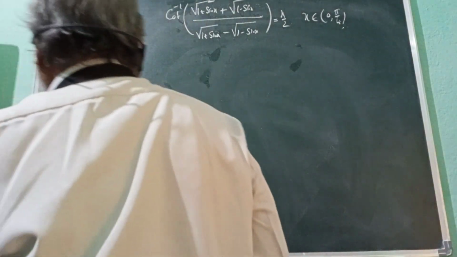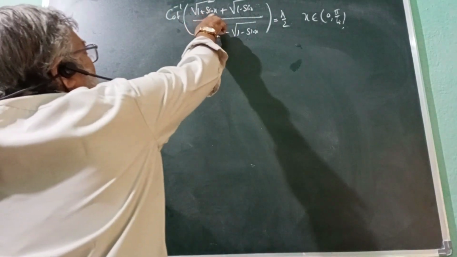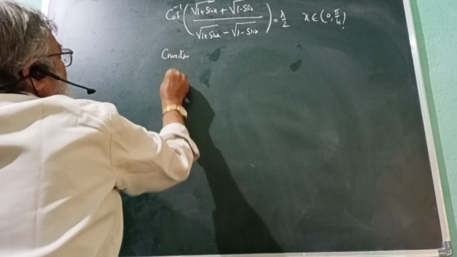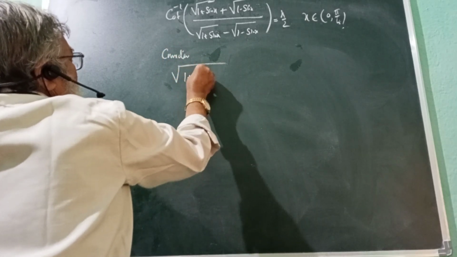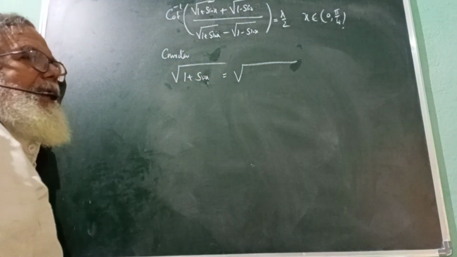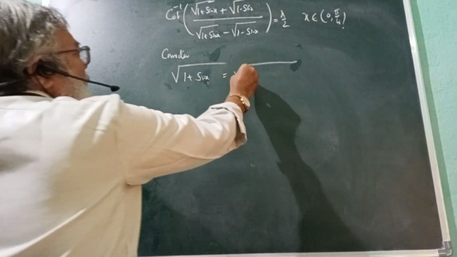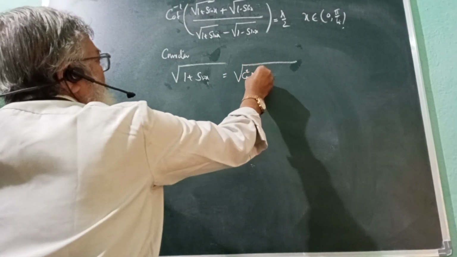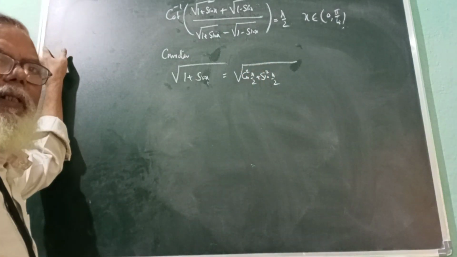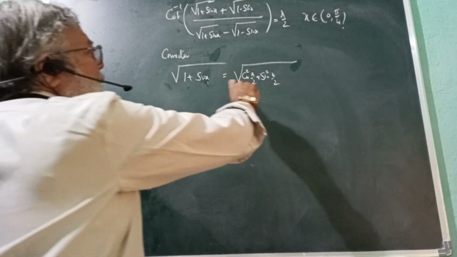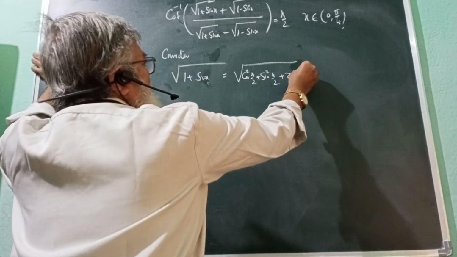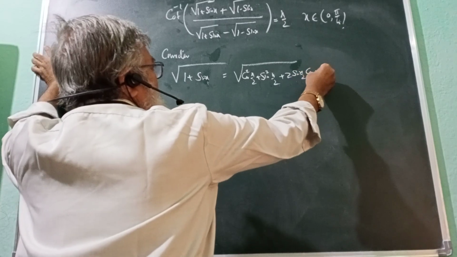Now let us simplify in a simple manner. Let us consider this quantity, under root 1 plus sin x. What can it be written as? This 1 can be written in terms of half angle formula as cos square x by 2 plus sin square x by 2, that is nothing but 1. And sin x in half angle is 2 sin x by 2 cos x by 2.